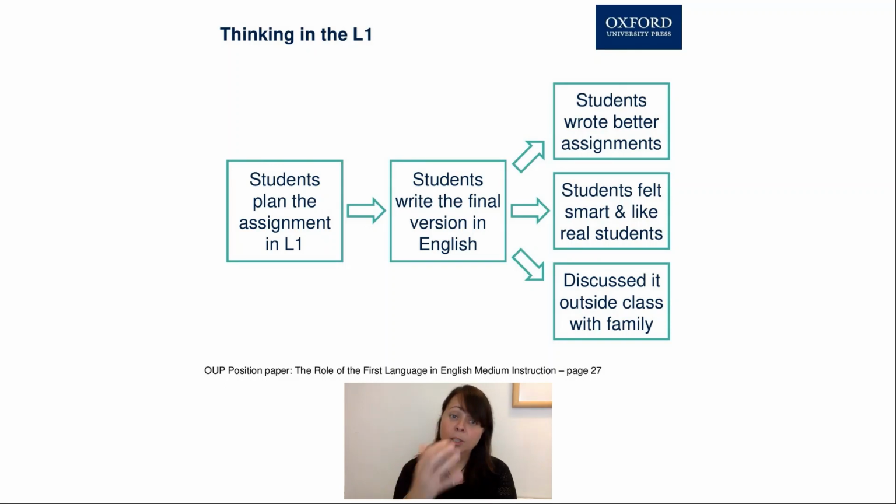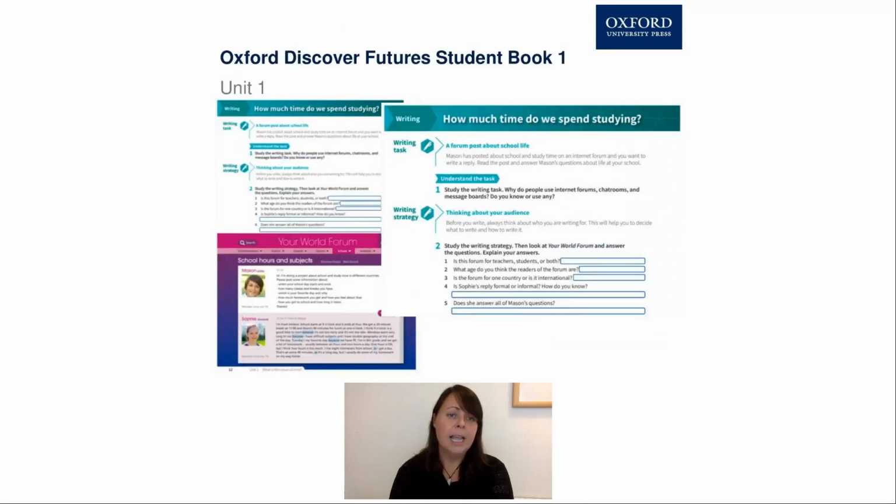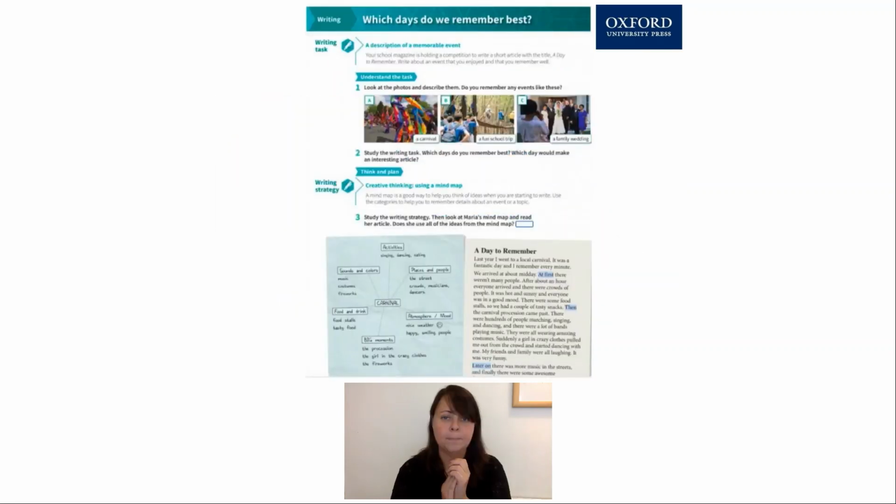Now, this was used as a writing assignment. And as we can see, like Oxford Discover Futures, when there is a writing task, students are really supported in those pre-writing tasks. So here they're given a writing strategy about their audience. So this is an example of where you could use student L1 in this preparation stage, knowing that they're going to create the final thing in English.